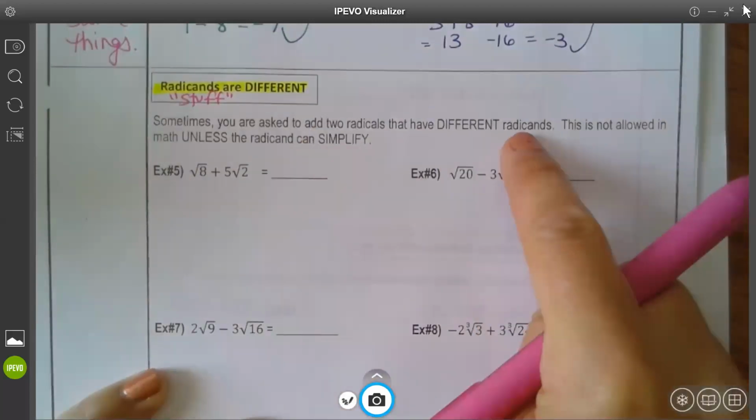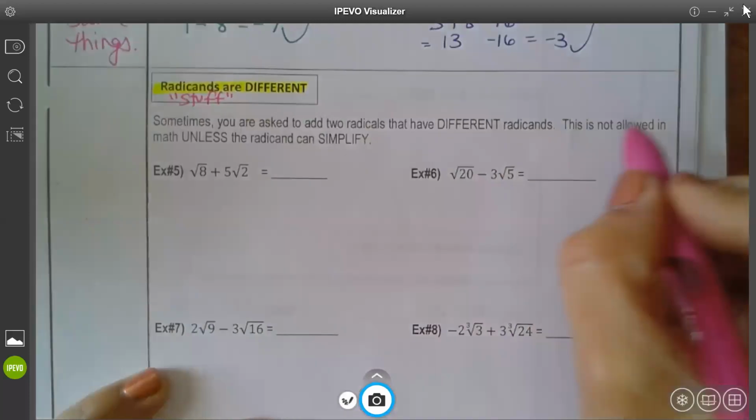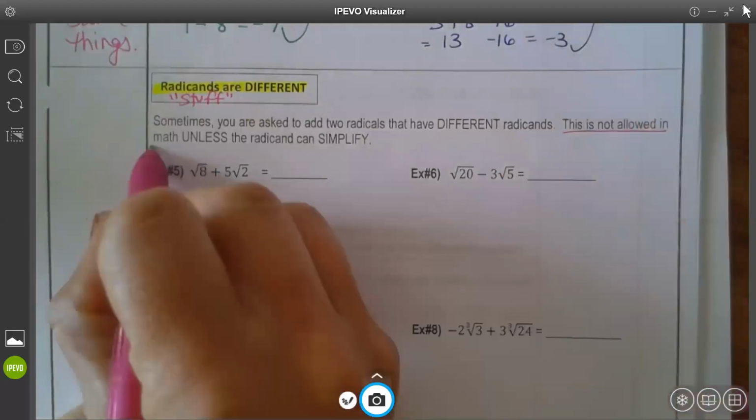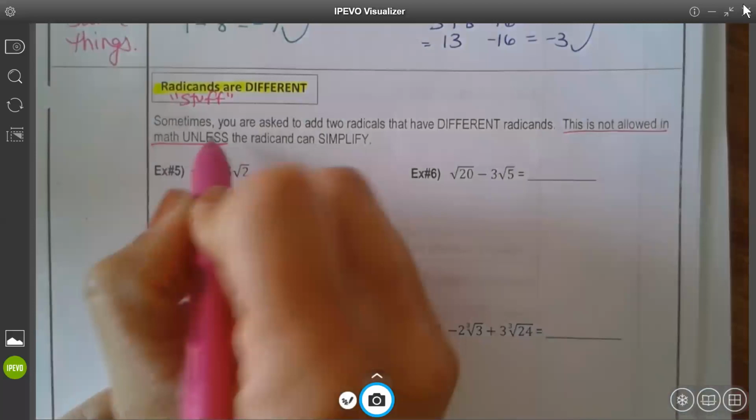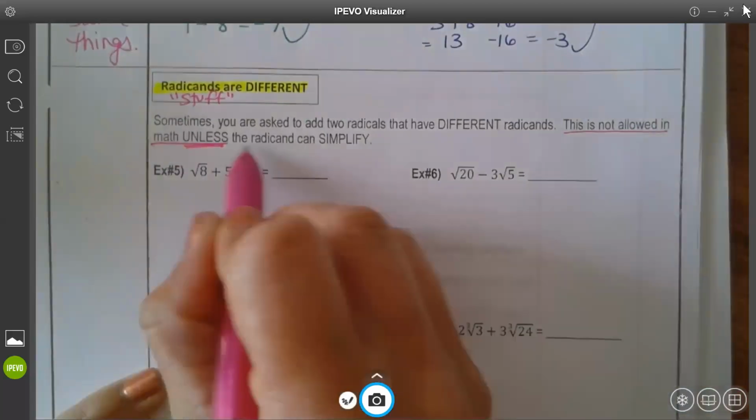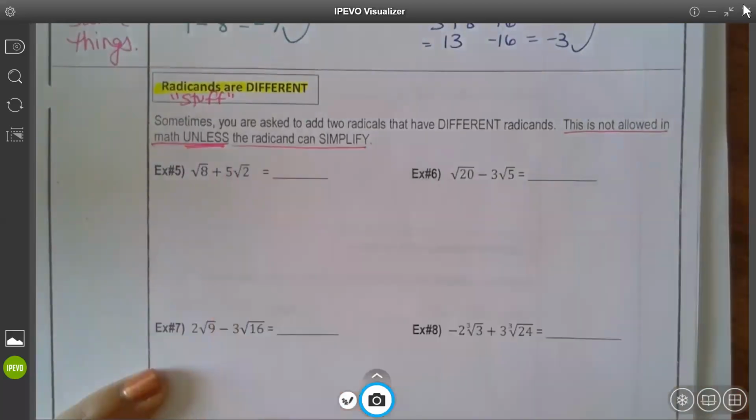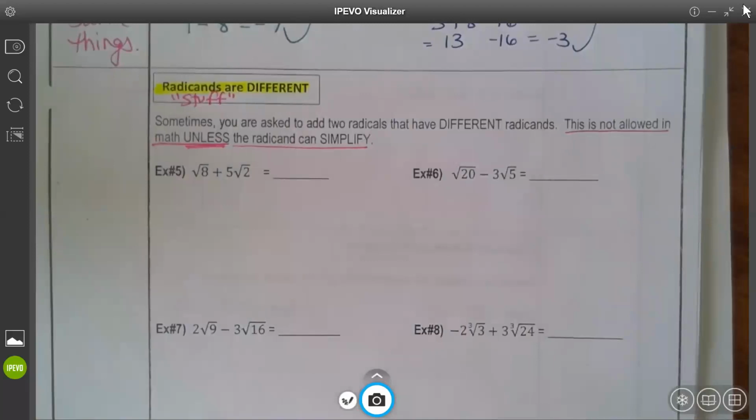This is not allowed in math. You can't add different things unless you can convert it somehow, simplify it somehow.